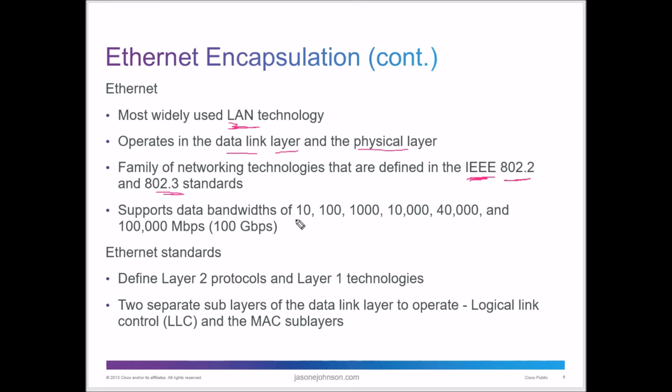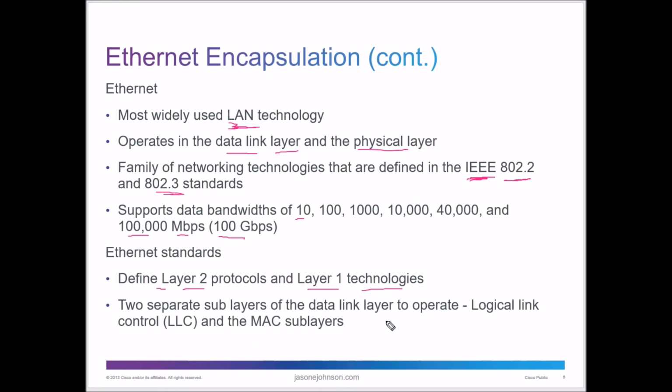They support data rates from 10 megabits all the way up to 100 gigabits. The Ethernet standards define the layer 2 protocols and layer 1 technologies, such as your copper wiring and unshielded twisted pair, which we looked at in the Chapter 4 videos.